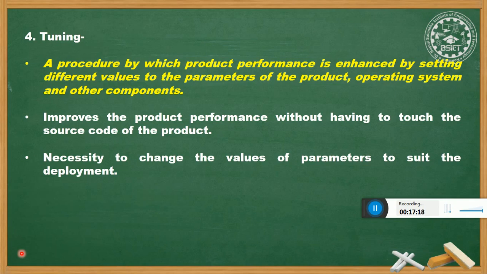Tuning improves the product performance without having to touch the source code of the product. The default values may not always give the optimum performance. Hence, there is a necessity to change the values of parameters to suit the deployment.